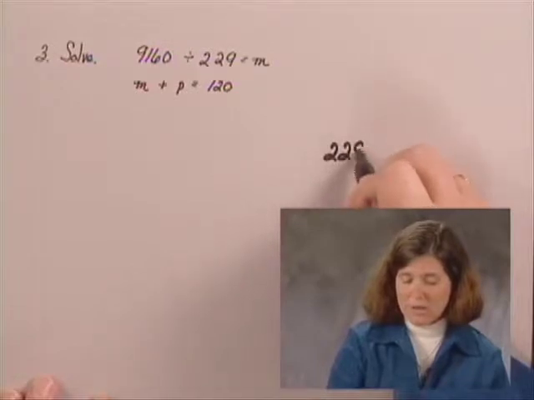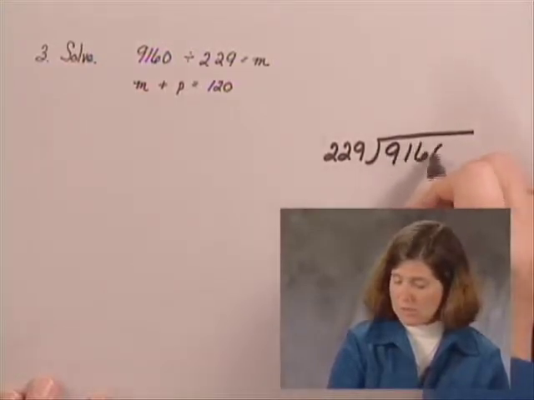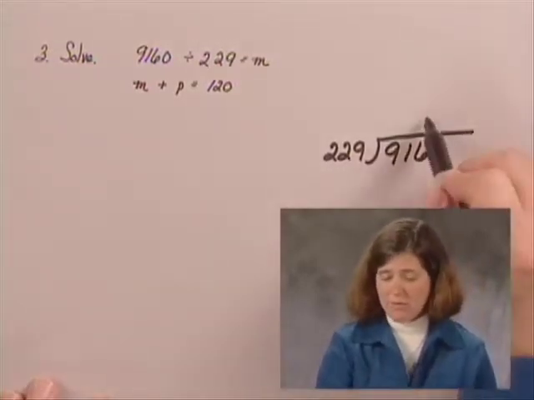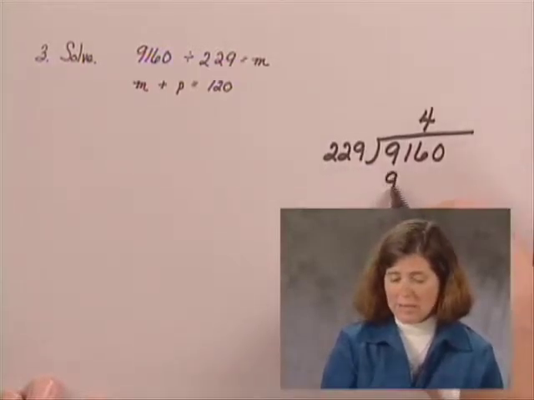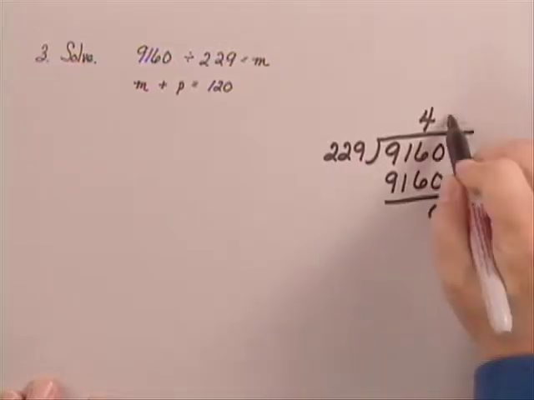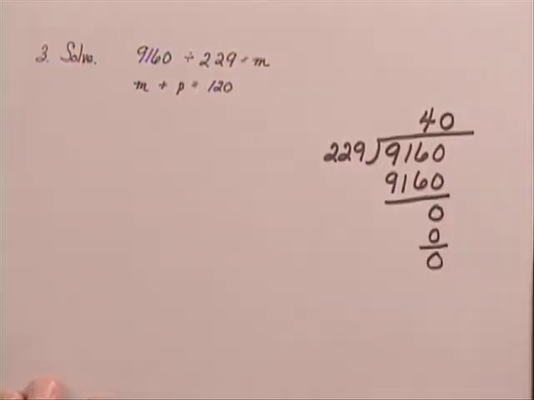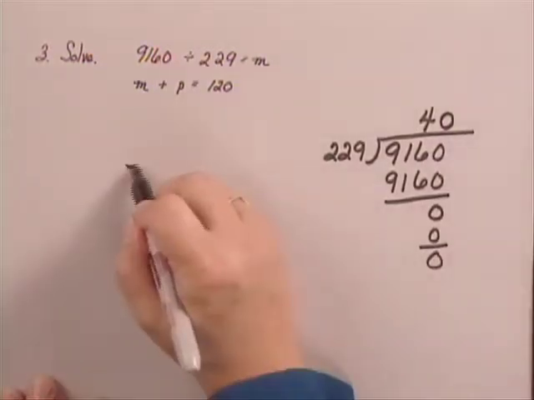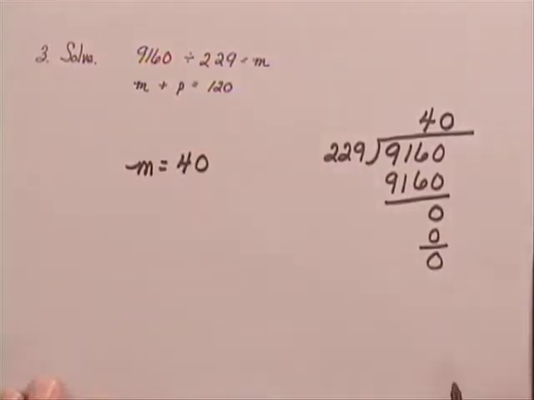Divide 229 into 9,160. 229 goes into 916 4 times. 40 times 229 is 9,160. Subtract, this gives us a 0 in the ones place. And we have an answer for M of 40. So we have M equals 40. So she's already made 40 payments.